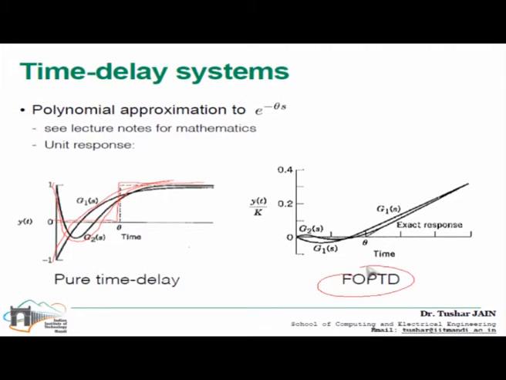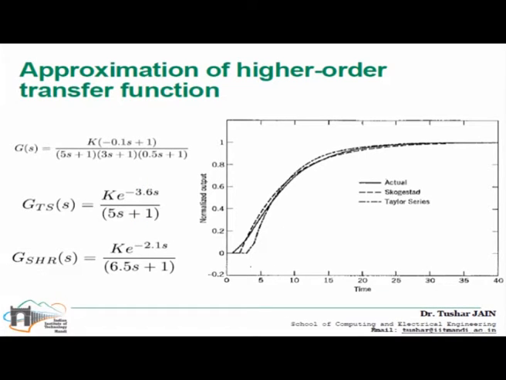This is also displayed here for the first order plus time delay: this is the exact response, and these are the G2 responses if I include these terms in the final first order plus time delay system. This is called the approximation of a higher order transfer function.